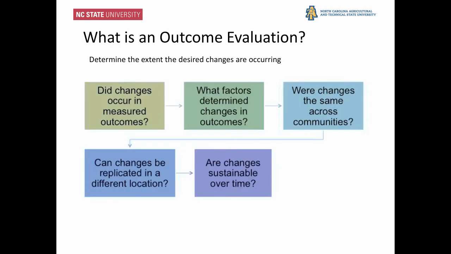An outcome evaluation is a type of summative evaluation used to determine the extent to which the desired changes are occurring. Outcome evaluations measure program effects in the target population by assessing the progress and the outcomes that the program is to address. Outcome evaluations look at if changes occurred in the measured outcomes, if changes were similar across different groups, and if the changes are sustainable.